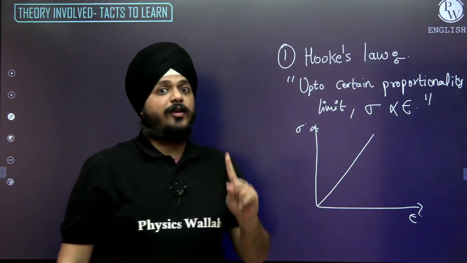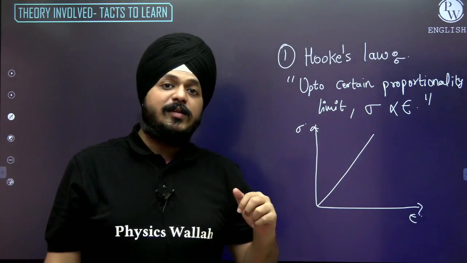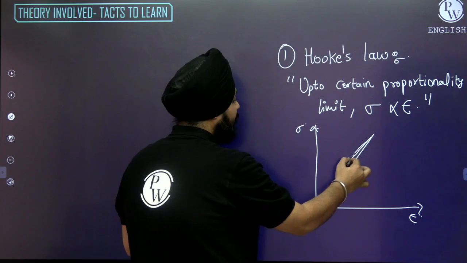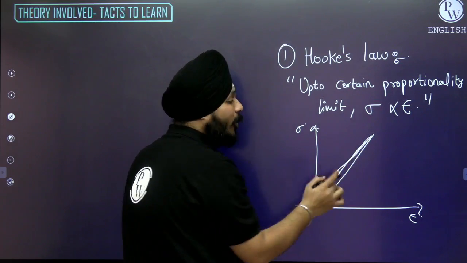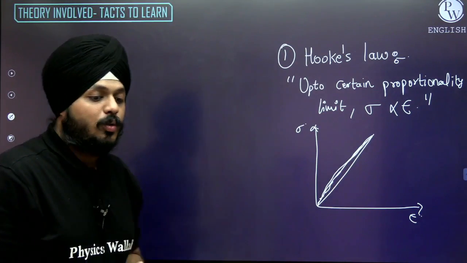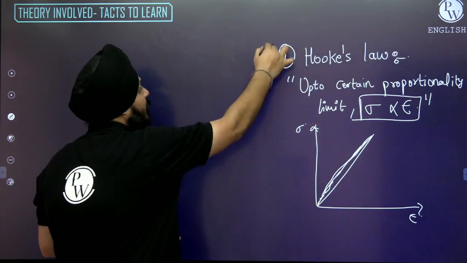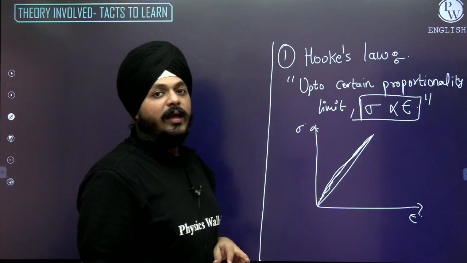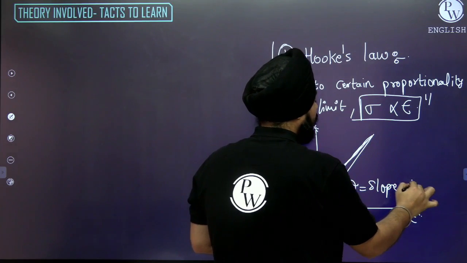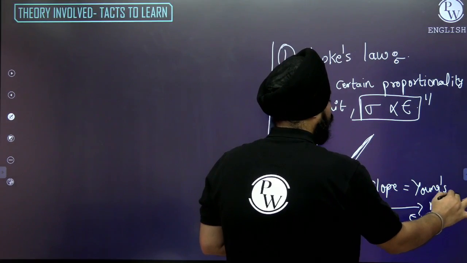Theoretically, we take sigma as directly proportional to strain, and the slope is Young's modulus.